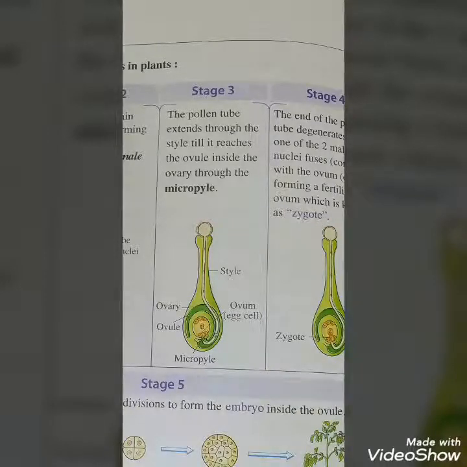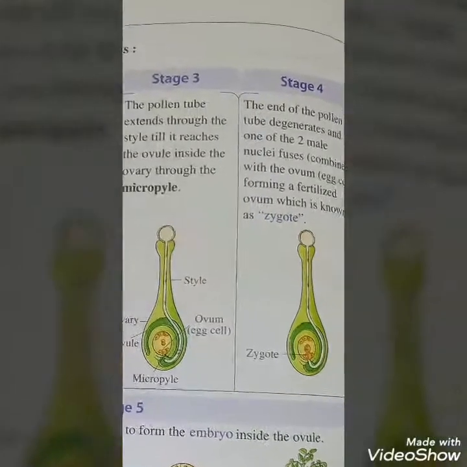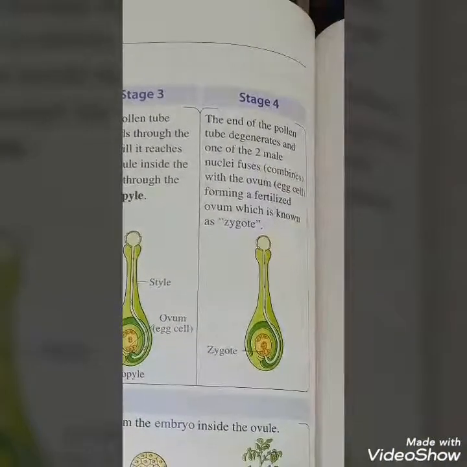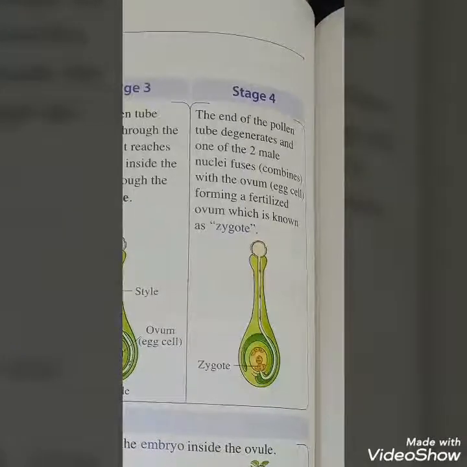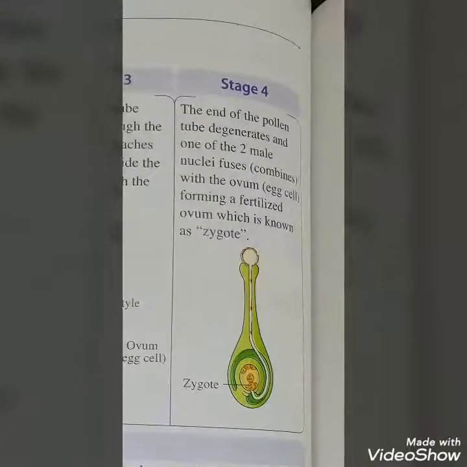Stage number 3, the pollen tube extends through the style till it reaches the ovule inside the ovary through the micropyle. The micropyle is the place in which the pollen tube penetrates the ovule, and the male nucleus fertilizes the egg cell through this point.